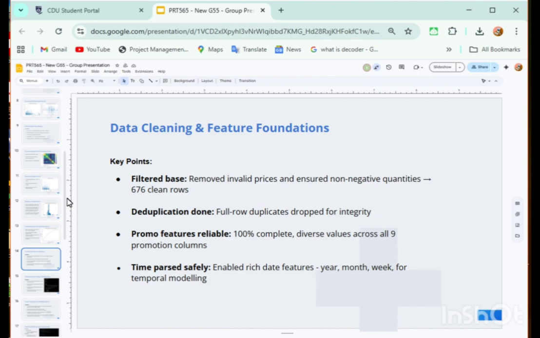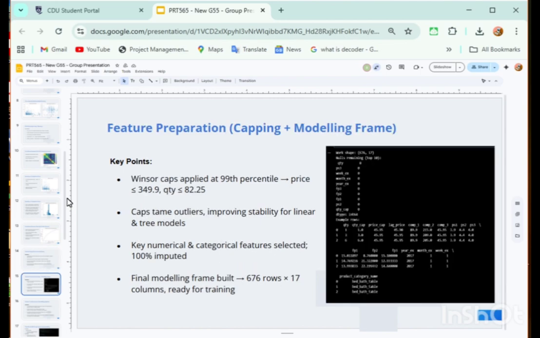We also successfully decomposed the month year field into usable time features. Next, we focused on handling extremes. To stabilize our models, we applied Winsor style capping using the 99th percentile for both price and quantity. This preserved the dataset structure while minimizing the influence of rare extreme outliers.